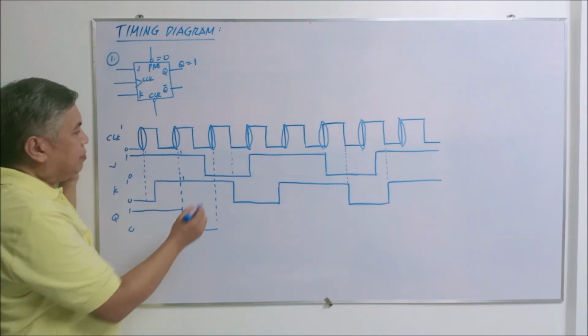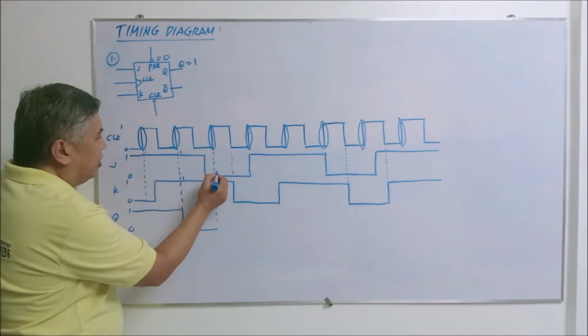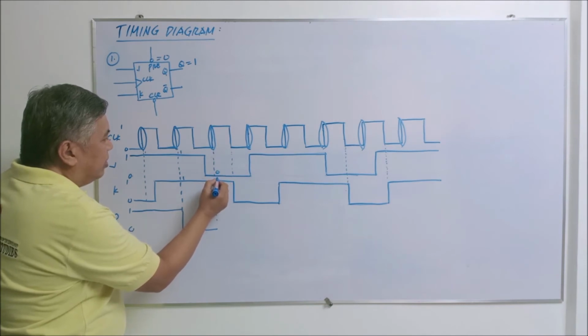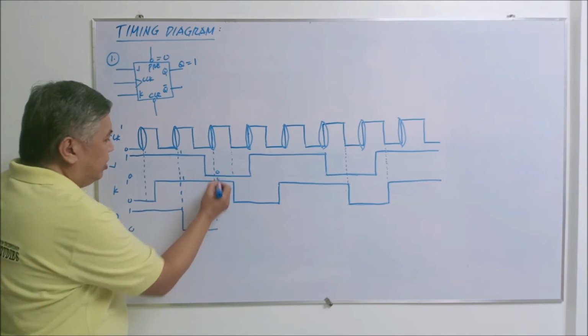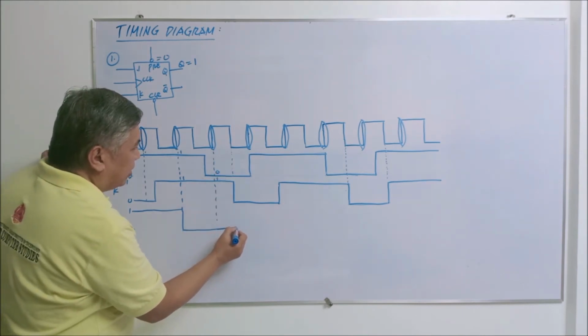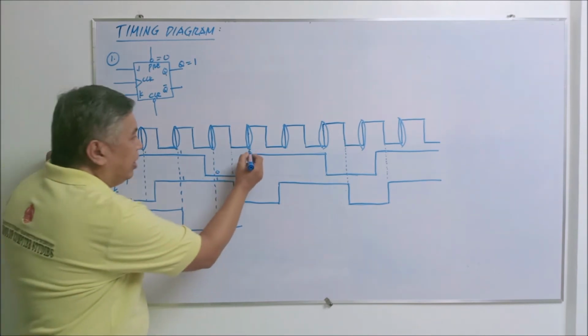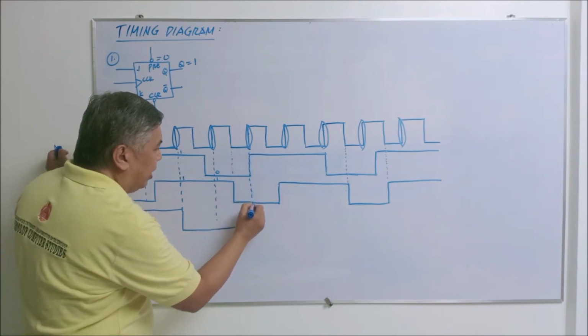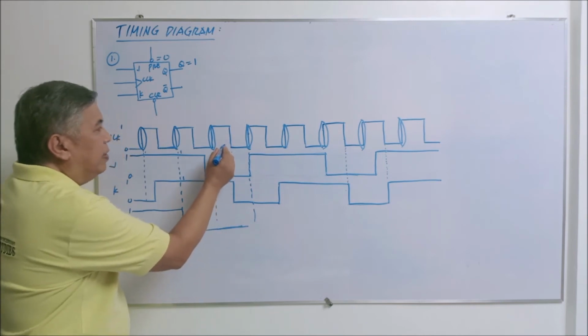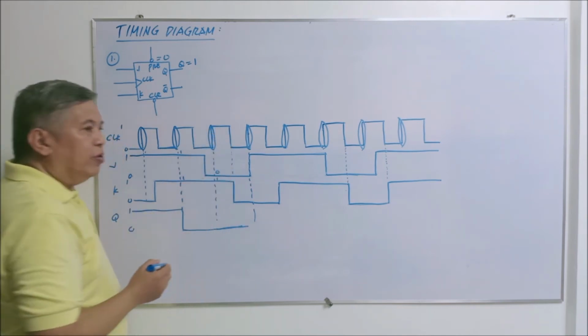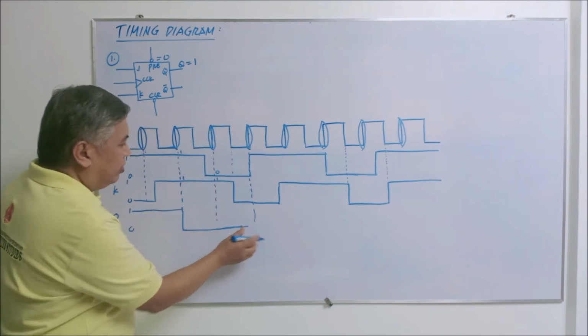Okay? Then you notice that your J here is 0 and K is 1. So again, J implies Q. Since J is 0, then we remain at 0. Then we find again the positive triggering of the clock. Since during the negative triggering, the output is no change, we have no change condition.